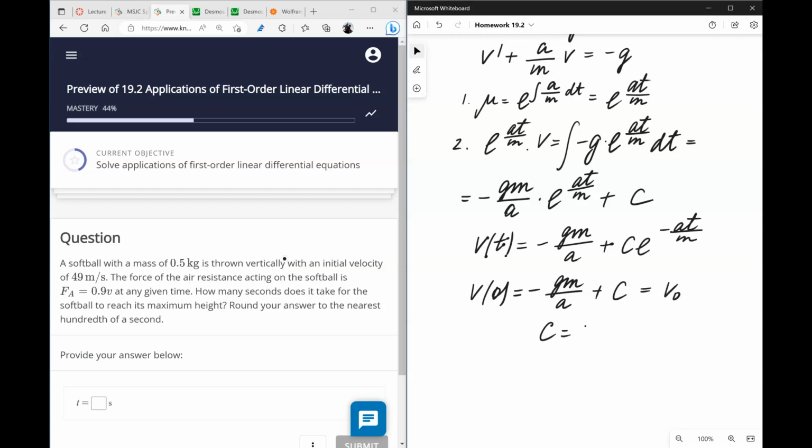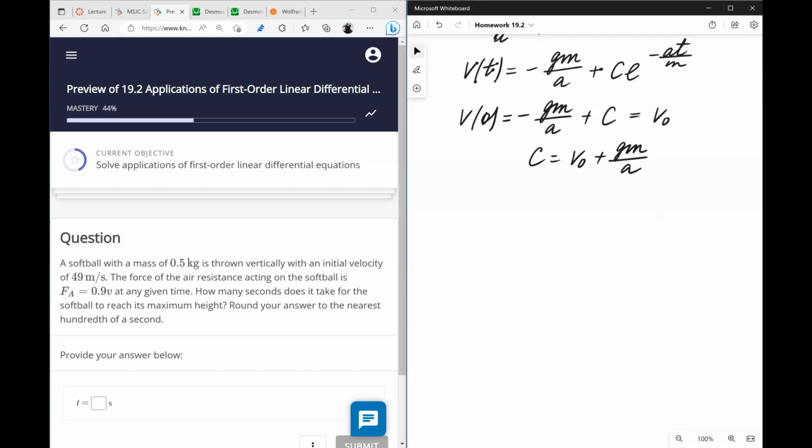That means c will be equal to v0 plus gm over a. That means v of t will be equal to negative gm over a plus v0 plus gm over a, times e to the power negative at over m.